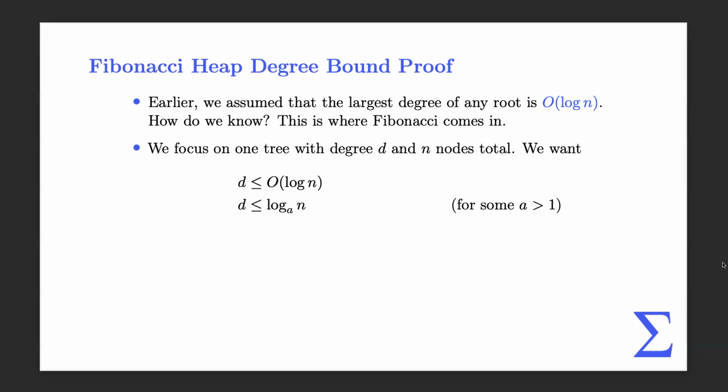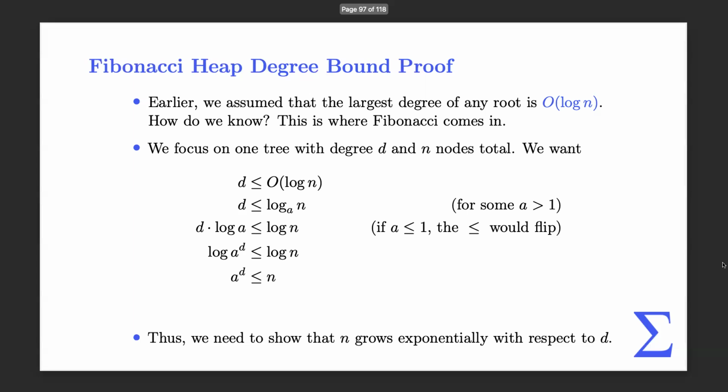Big O means there's some constant that we're ignoring. If we put the constant in and use log rules to rearrange, A has to be greater than 1, and A in this case is the golden ratio because it's Fibonacci.